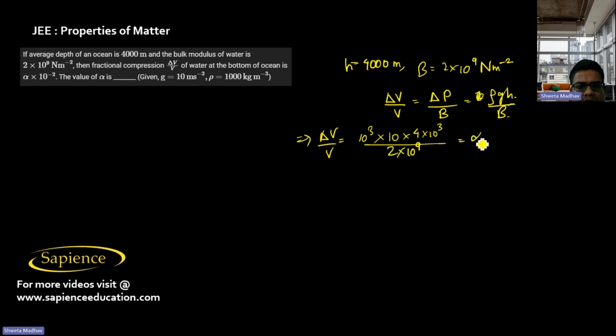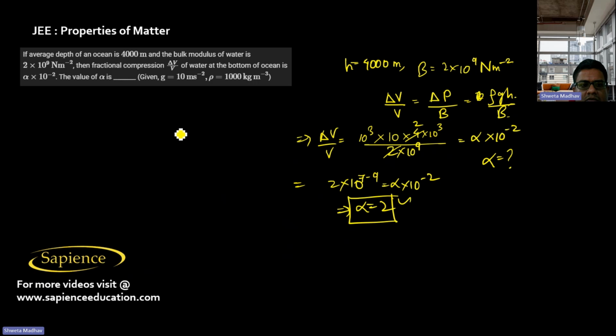So this is given as alpha into 10 power minus 2, then the alpha value you have to find. So this will be 2 into 10 power 3 plus 3, 6, plus 1, 7, minus 9, that is minus 2, which is alpha into 10 power minus 2, so alpha will be equal to 2. So the value of alpha is 2.